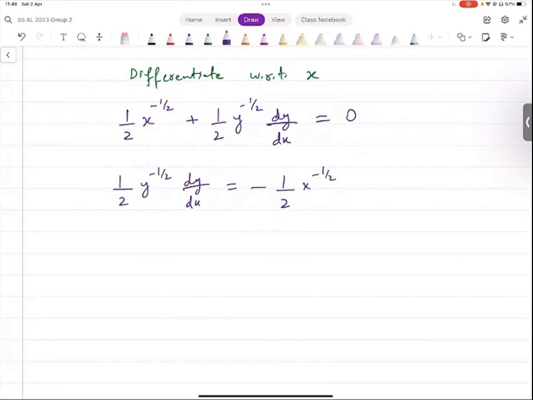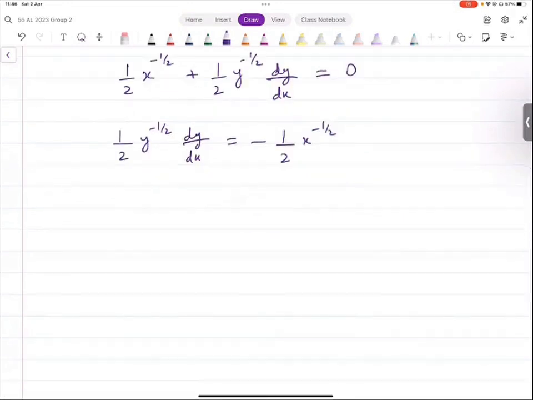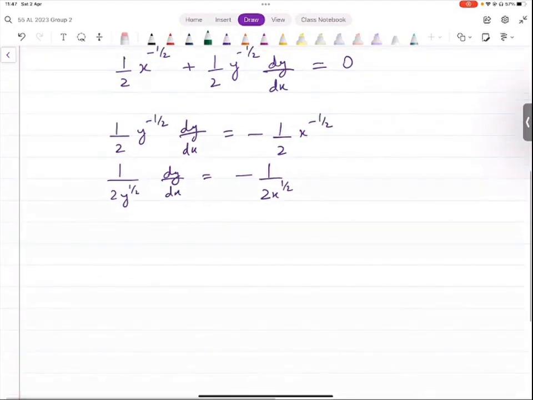अच्छा. अभी जो माइनस पावर्स हैं इनको हम पॉजिटिव कर सकते हैं. If we want, we can take that to the denominator. We can say this is 2y raised to power 1/2. And here we've got 1/2 x raised to power 1/2. Does that make sense? बस पावर्स को पॉजिटिव कर दिया, तो वो अगर ऊपर थे तो नीचे चले गए. अब क्रॉस मल्टीप्लाई कर दें, take this to the other side, क्योंकि हमें dy over dx सब्जेक्ट चाहिए.